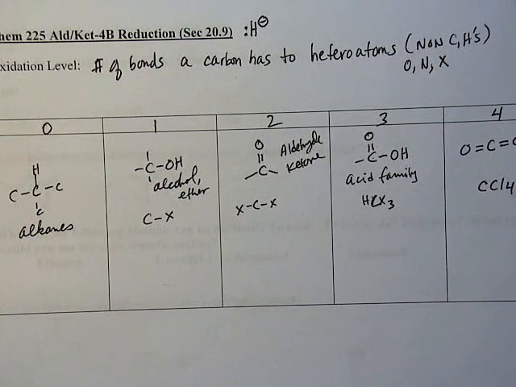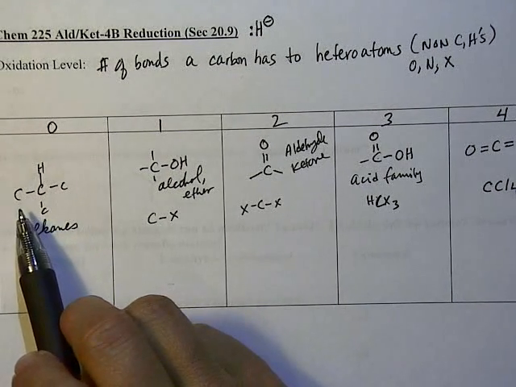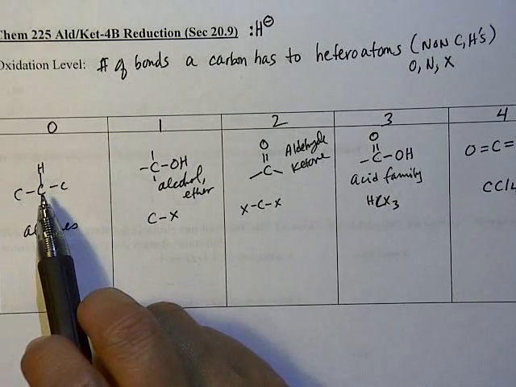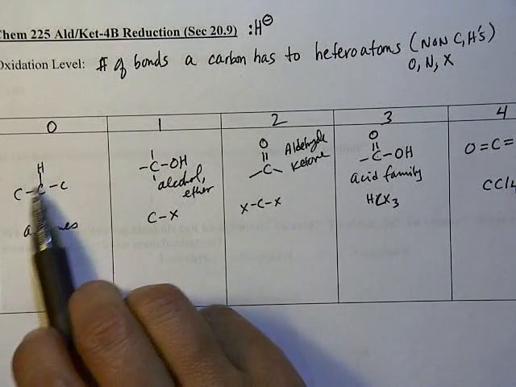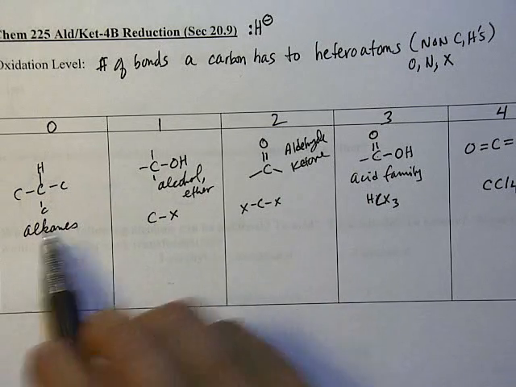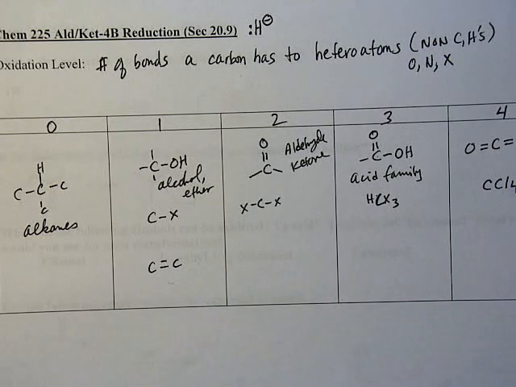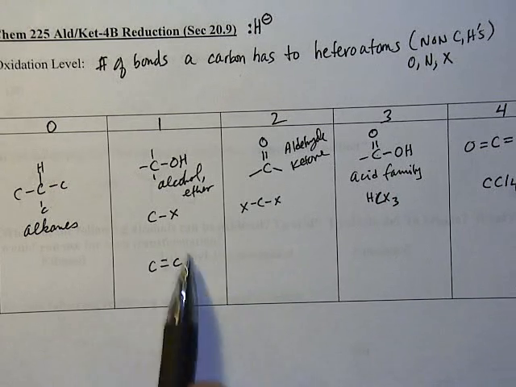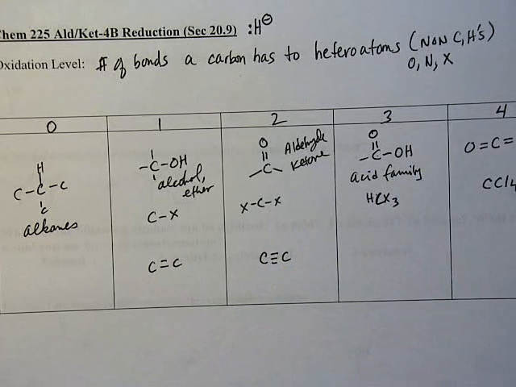So if we are just looking at compounds with just carbons and hydrogens, it turns out when you have unsaturation, alkenes belong to oxidation level 1 because of the unsaturation, and alkynes belong to oxidation level 2. All right.